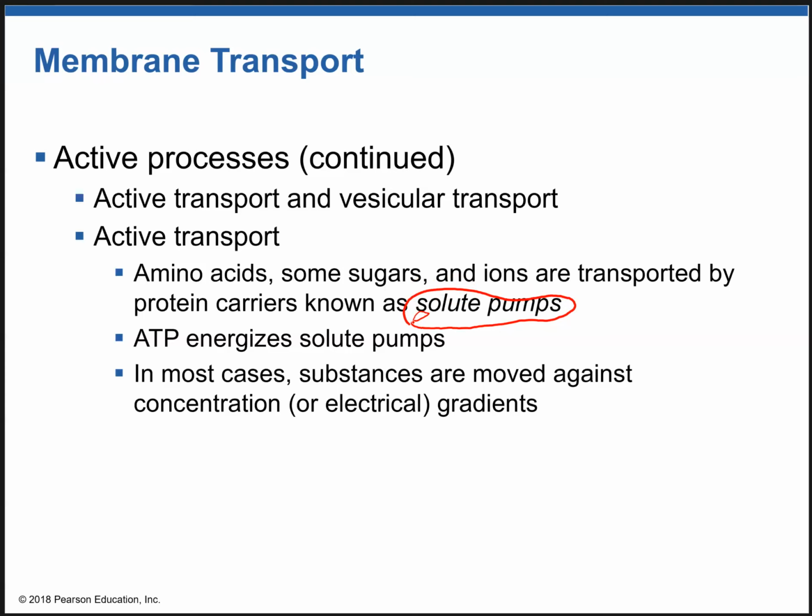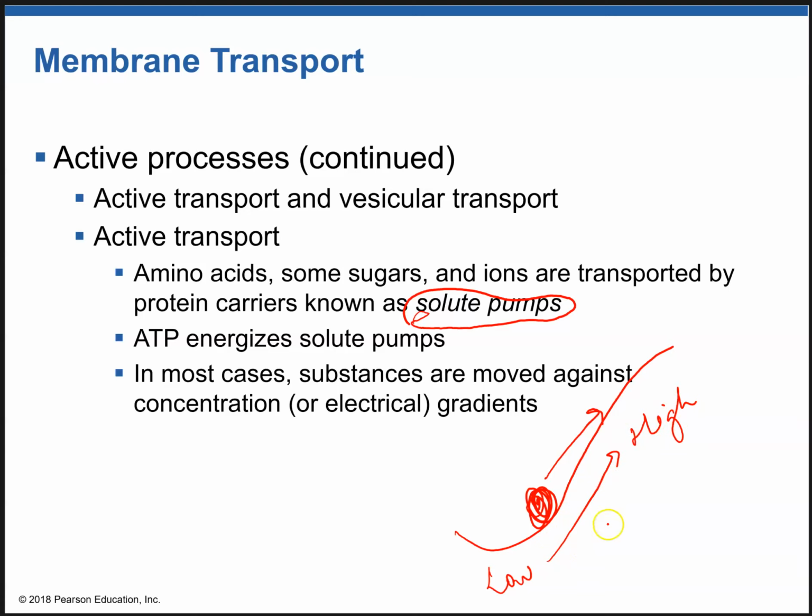Now if you remember, the active transport process requires ATP, so it's like moving a piece of rock up the hill. So transport occurs against the concentration gradient, meaning from an area of low solute concentration to an area of high solute concentration.